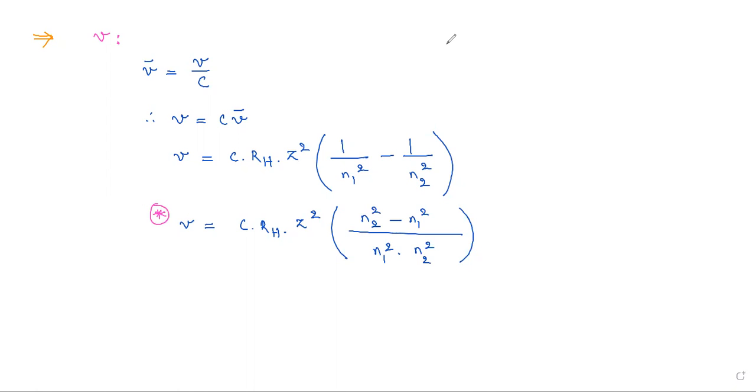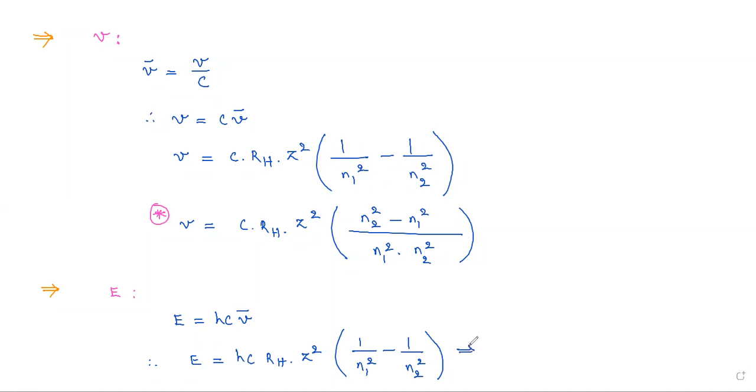Let me also write the expression for energy of the spectral lines. Again, we know that E is equal to HC nu bar. Hope you all remember. Yes, I am going to write the final expression. Energy is equal to HC into what is nu bar? Nu bar is RH into Z square into, of course, 1 by N1 square minus 1 by N2 square.